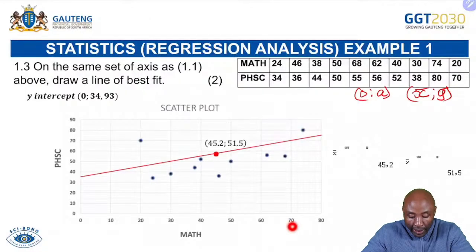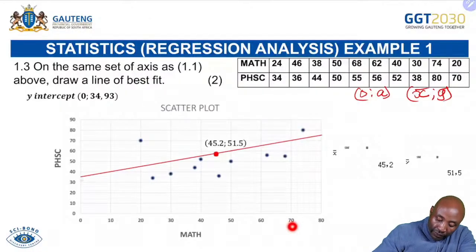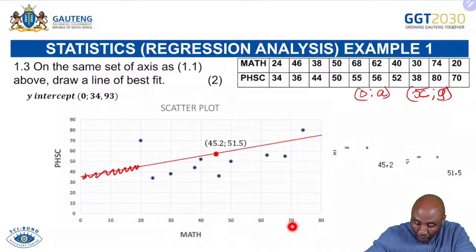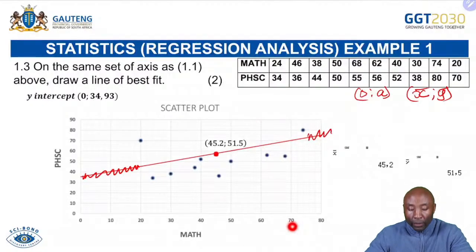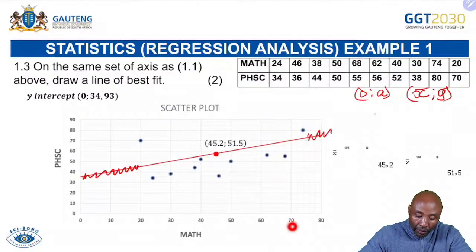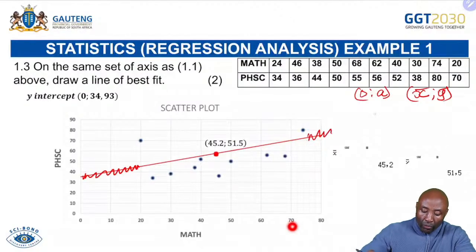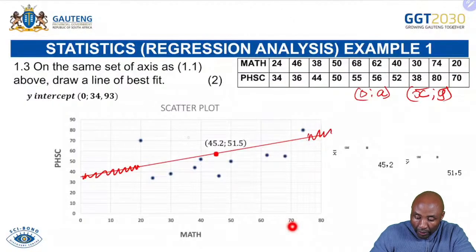But remember, we said our line of best fit should not extend beyond, because once it extends beyond, its reliability cannot be guaranteed. So we must always make sure it starts where our x values start. So our smallest x value there is 20.